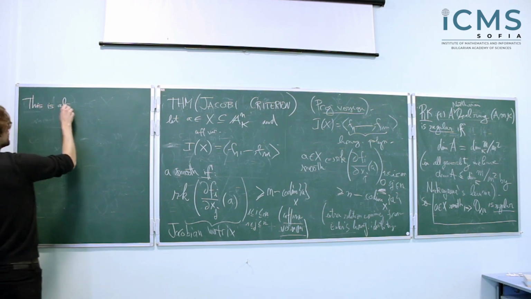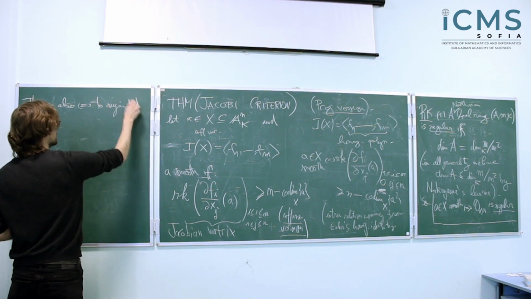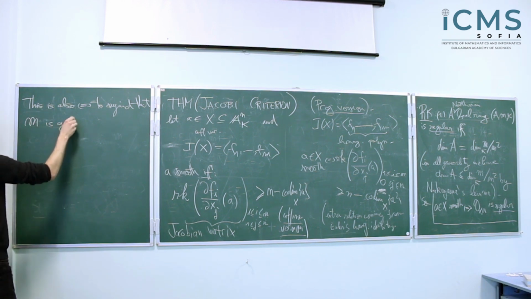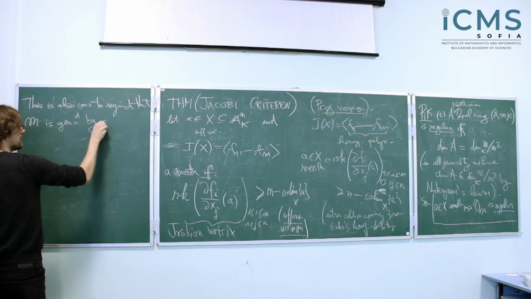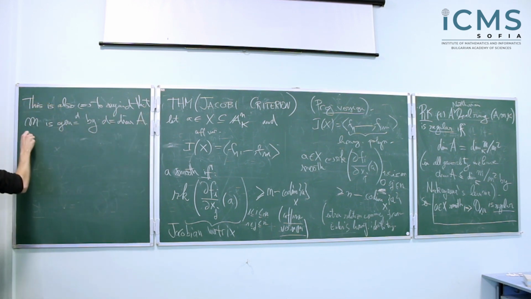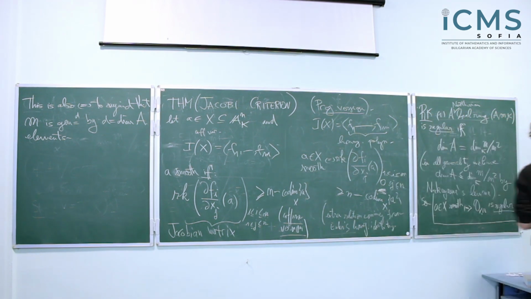This is also equivalent to saying that M is generated by D equal dimension A elements. Well, the idea is to take the elements that generate the ideal M, and that would be equivalent to saying that they generate a basis of this vector space on the other side.